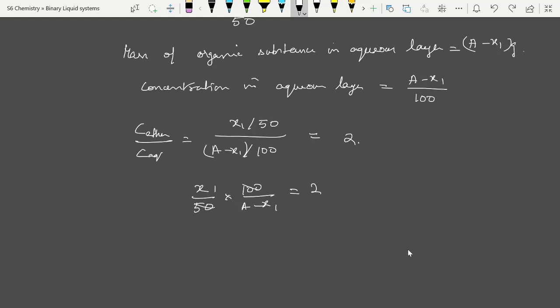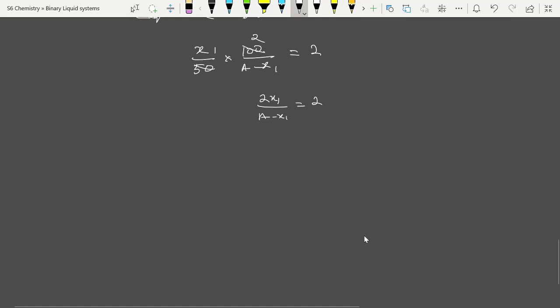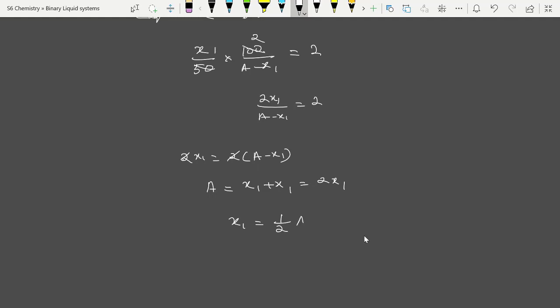So this will be 50, this will be 2. 2x1 divided by A minus x1 is equal to 2, or 2x1 is equal to 2 into A minus x1. 2 will get cancelled, or A is equal to x1 plus x1, which is 2x1, or x1 is equal to 1 by 2A.